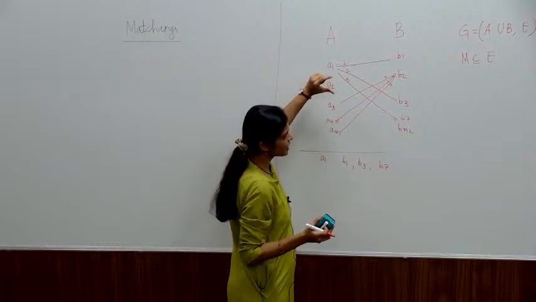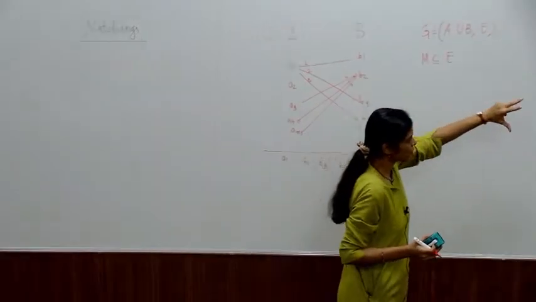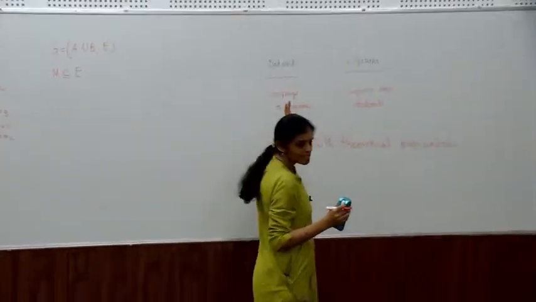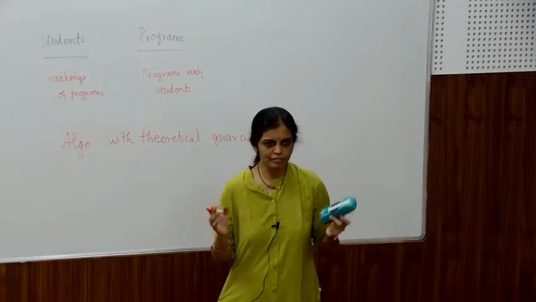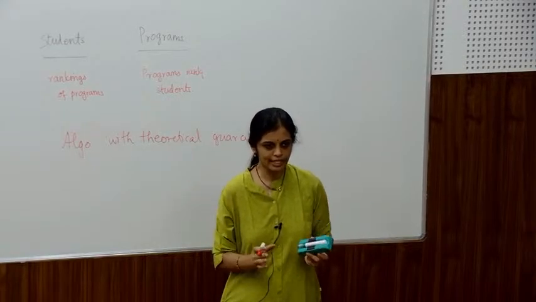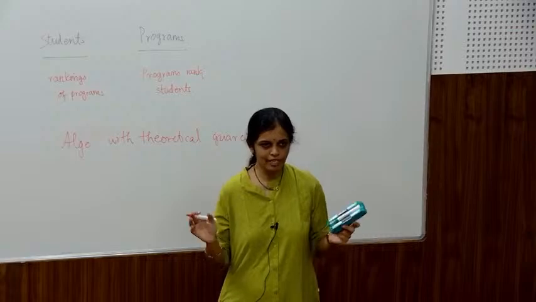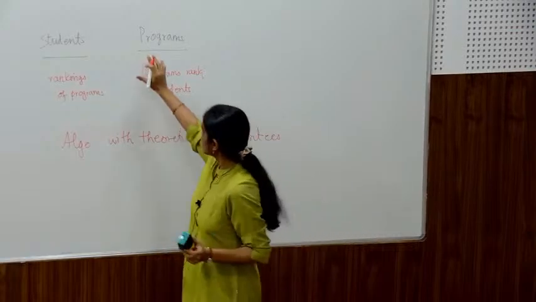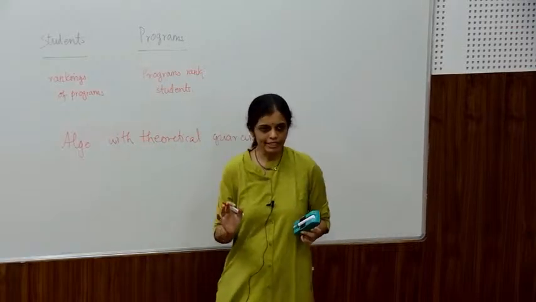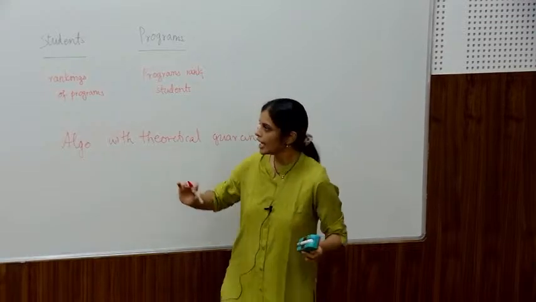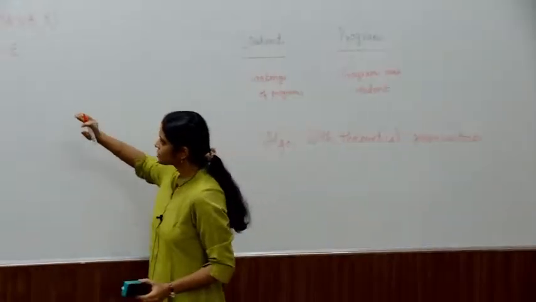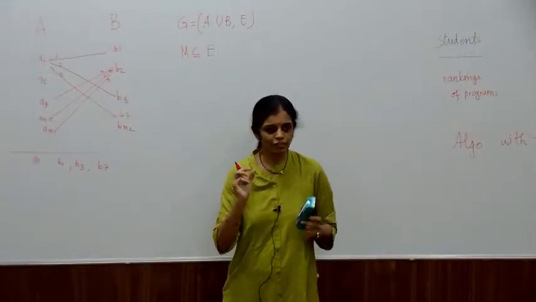So instead of saying that students can be assigned to programs where, in the real world setting, every student is interested in getting assigned to at most one program. In fact, every student wants to get assigned to one program, but some students may be left unassigned. Every program typically has a capacity saying that the program can accept 50 students, 75 students and so on. In our setting, we'll restrict it to saying that every program has a capacity of 1.